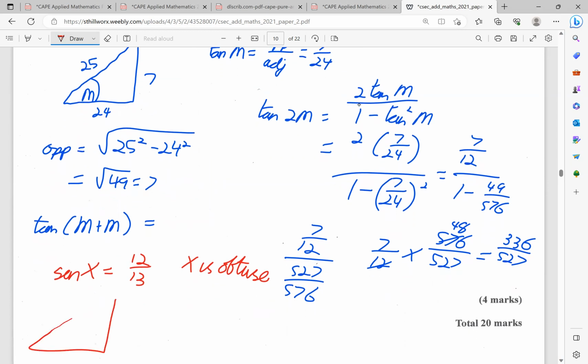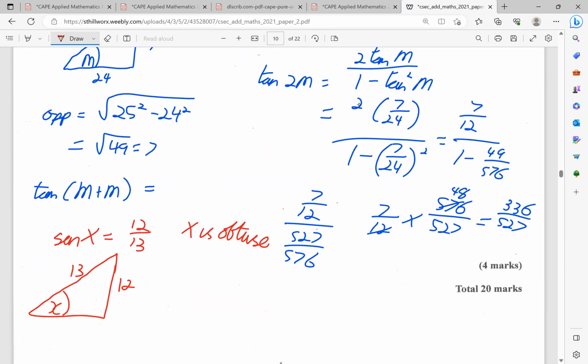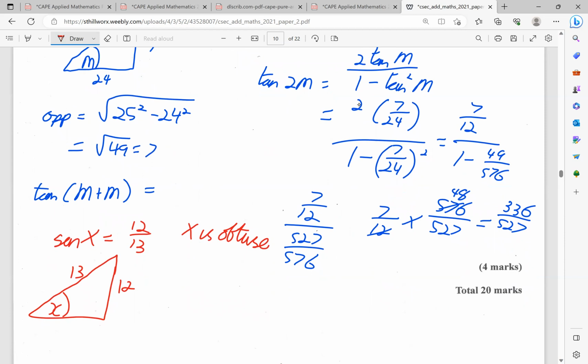You would draw the triangle like this, x, 12, 13, but this side would be minus 5, because if x is obtuse, cos x must be negative. Remember, it's in quadrant 2. Any obtuse angle is between 90 and 180. So cos x would be minus 5 over 13, and tan x would be 12 over minus 5.